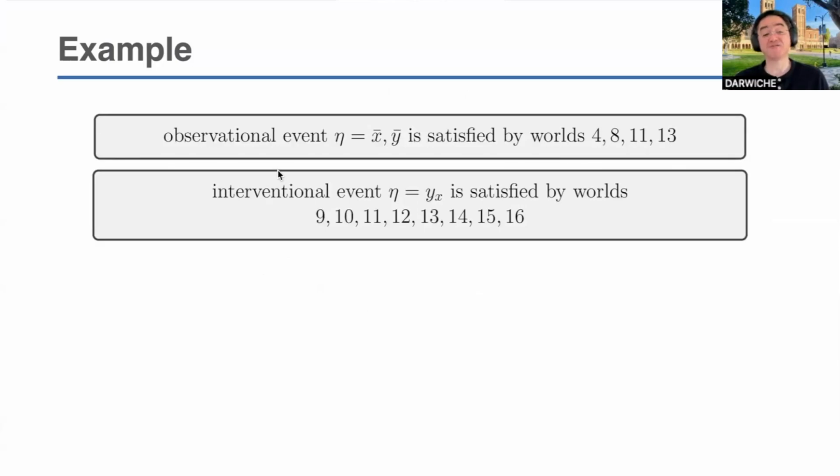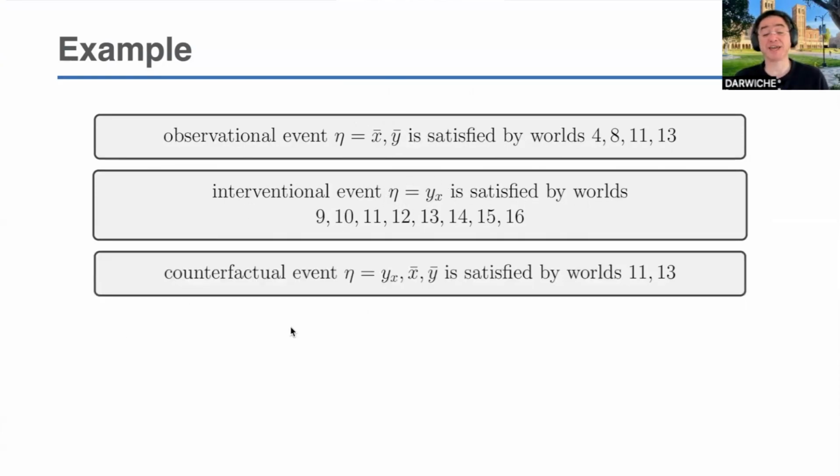The observational event is satisfied by these worlds. The interventional event is satisfied by these worlds. So now I can say that the counterfactual event, which is the conjunction of both of these, is satisfied by the intersection, by these 3 worlds. So now I can compute the probability of that counterfactual event by simply adding the probabilities of these worlds.